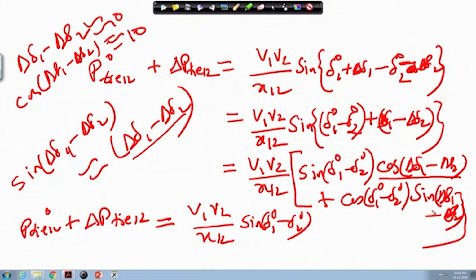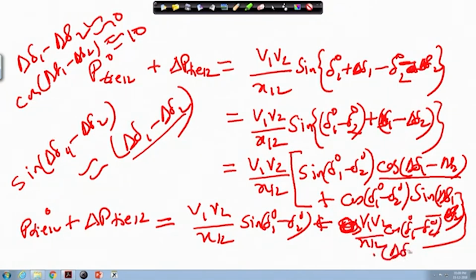Then this term actually plus V 1 V 2 upon x 1 2 cosine of delta 1 0 minus delta 2 0 into delta delta 1 minus delta delta 2, right. Therefore, we can write, I am just clearing this.